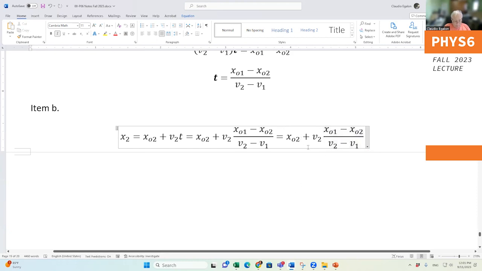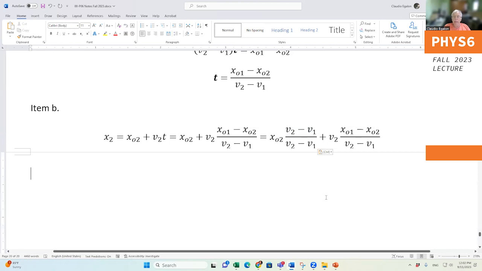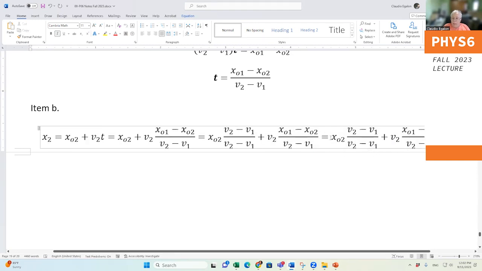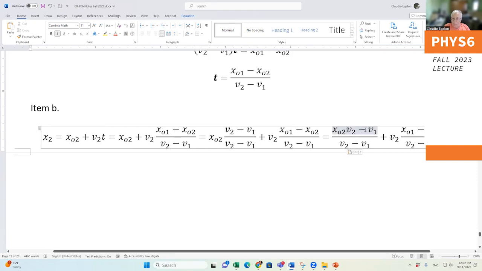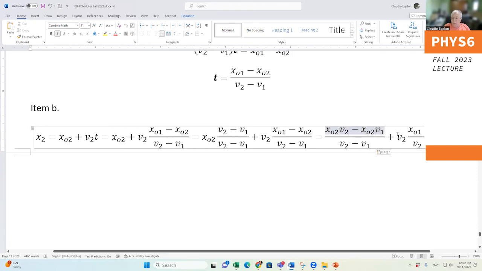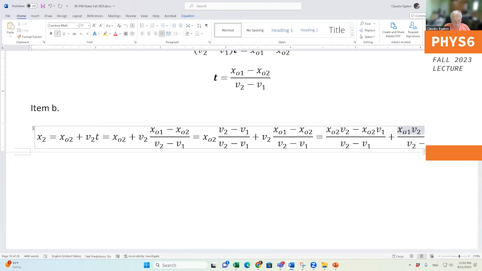I'm going to copy and paste here, but let's not forget that I have to copy this one up, right there. I'm reducing to the same denominator, right? Let's see, x naught is going to multiply this one, v2 is going to multiply this one, and it's going to multiply this one.